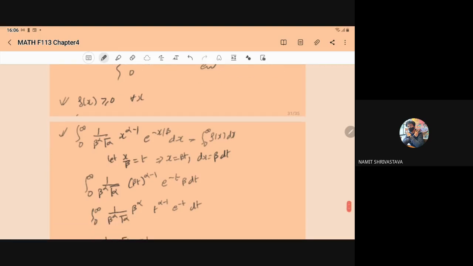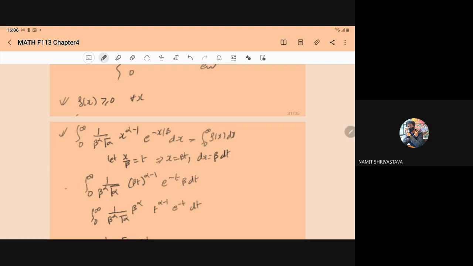To make this integration easier, we make this substitution: let x upon beta be equal to t. Then x is equal to beta times t, and dx is equal to beta times dt. So when we substitute in the given integral, our integral will transform into 0 to infinity.